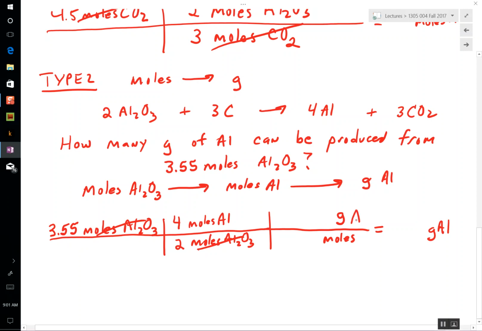Grams of aluminum per mole of aluminum. That's the molar mass of aluminum. And where do you get that? Periodic table. What is it? 26.98. 26.98 grams of aluminum per mole of aluminum. Per mole, that means per 1 mole.